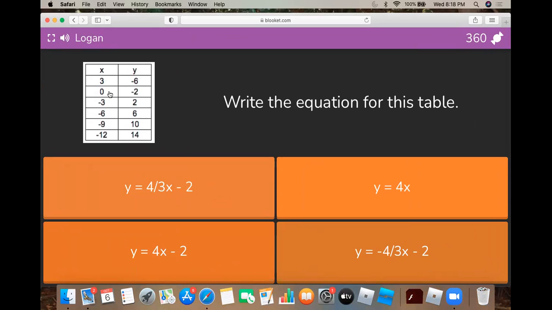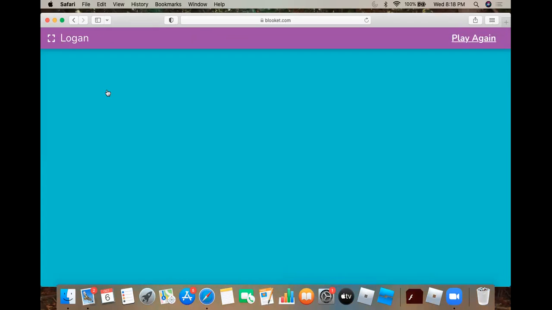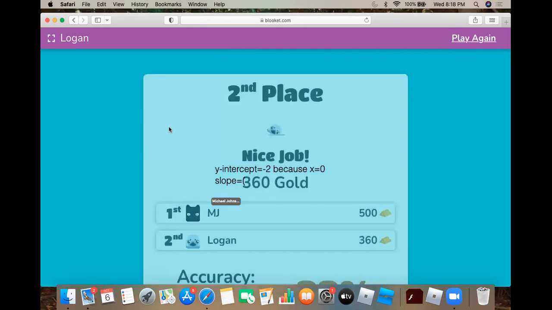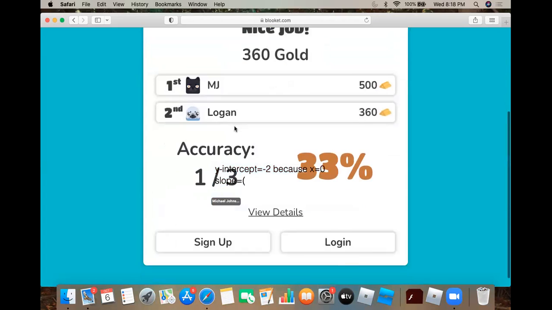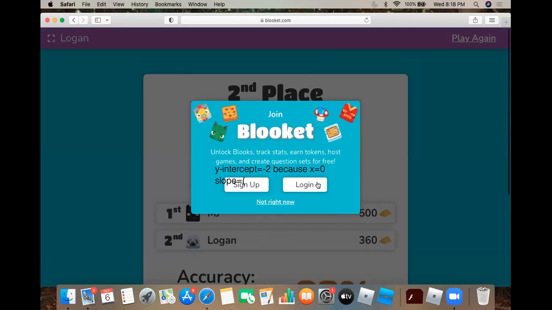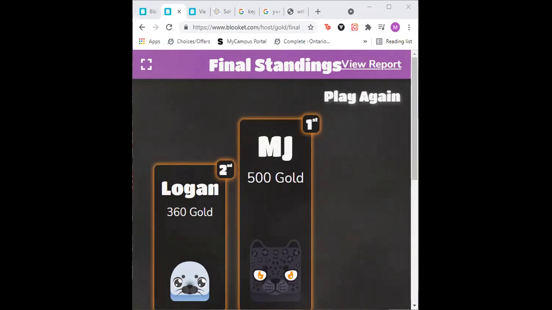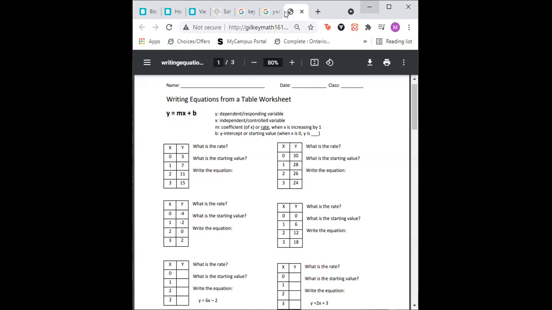And then to find the slope, you can use any of these. Okay, good job. Instead we'll go to the worksheet.